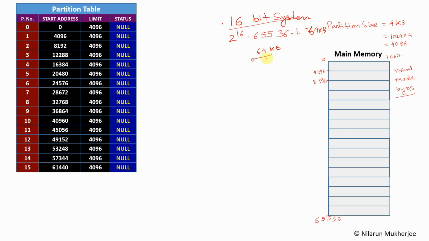So 64 by 4, there will be a total of 16 partitions. So you can see there are 16 partitions, and every partition will have a start address that is noted at the very beginning, and for all of them the limit is the same.